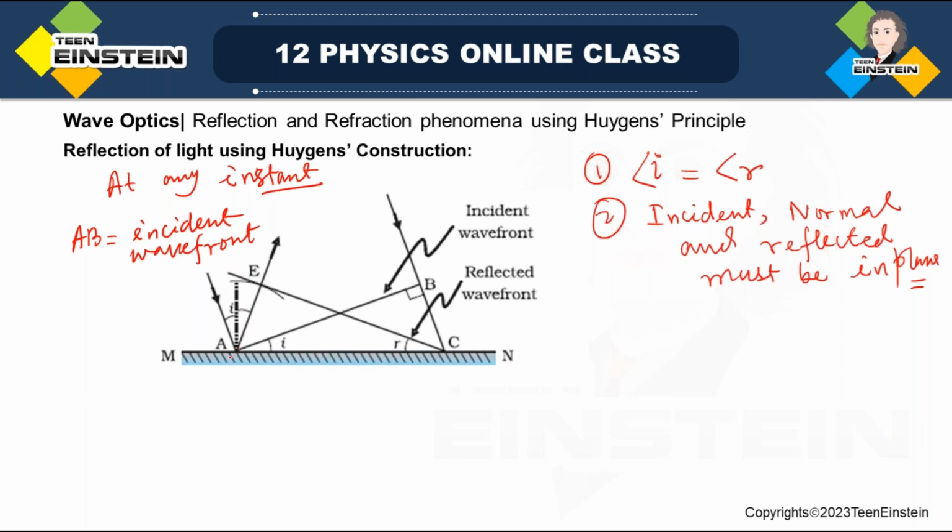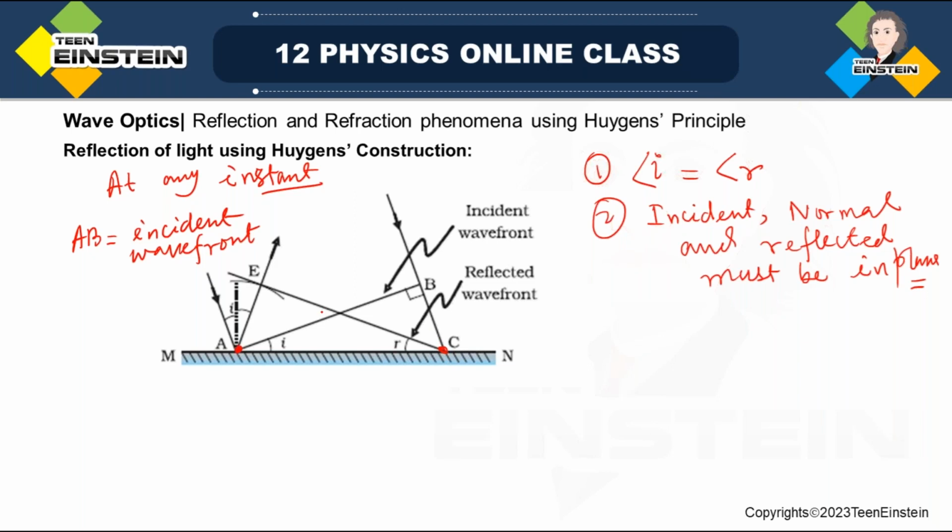First, the incident ray will reach the reflecting plane MN at this point A. So as you see from the figure, this side of the wavefront has already reached the reflecting plane, and this point B will reach the reflecting surface later, where it will meet at C. So that is what we have understood.